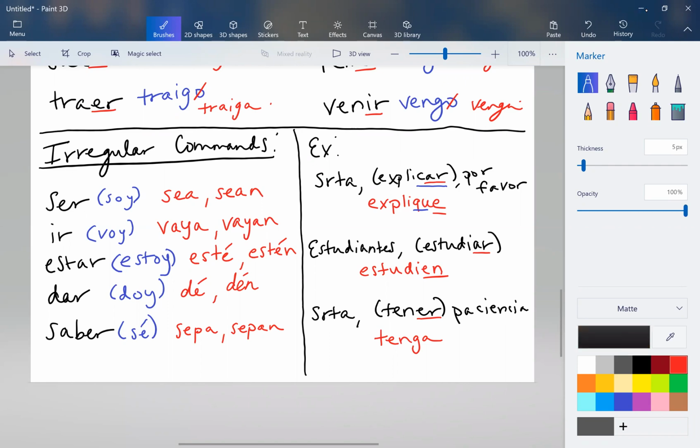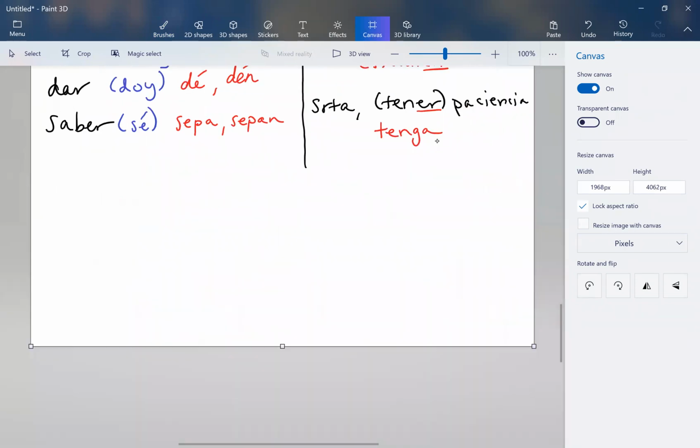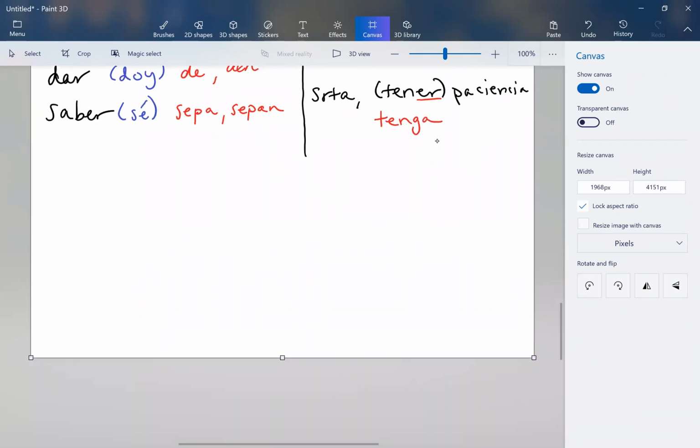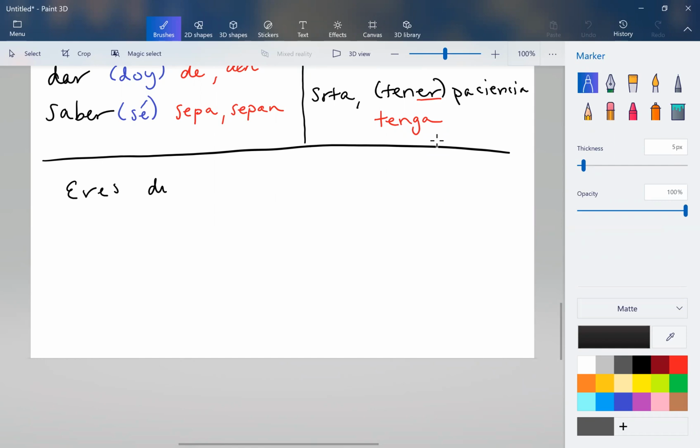Okay. So for your assignment, we're going to be working with commands, and the premise is that you're a doctor and you're telling your patient what to do and what not to do to be healthy. You're a doctor. And you're telling your patient what to do or what not to do to be healthy.